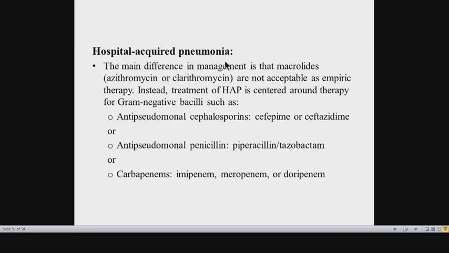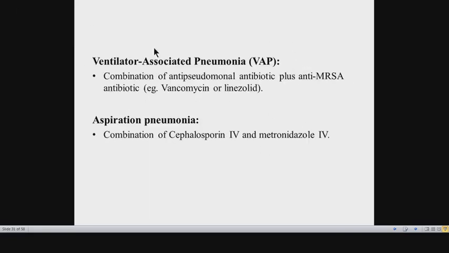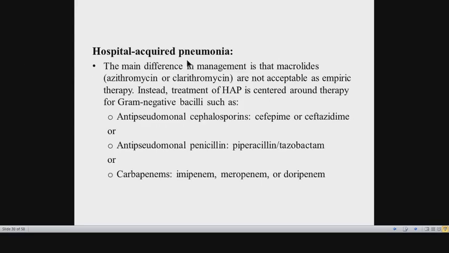of hospital-acquired pneumonia. So ventilator-associated pneumonia is more commonly caused by gram-negative bacilli, including Pseudomonas, E. coli and Klebsiella, and it can also be caused by Staphylococcus aureus, especially methicillin-resistant Staph aureus. For that reason, our treatment for ventilator-associated pneumonia should be almost the same as the treatment of hospital-acquired pneumonia in general.